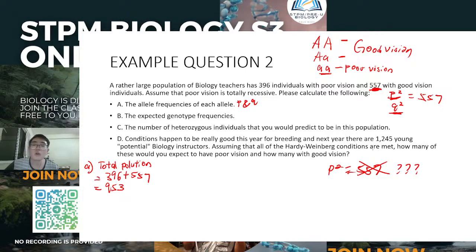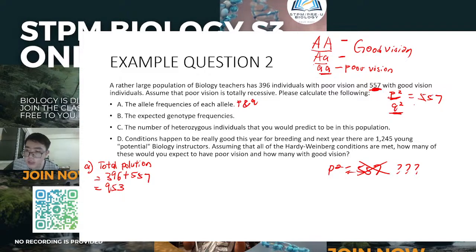Why? Because not all of the 557 have the homozygous dominant genotype. Some of them are heterozygous. So you need to be alert. Don't say that P square equals 557.